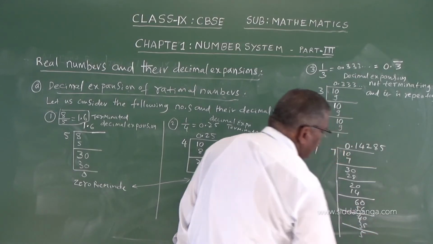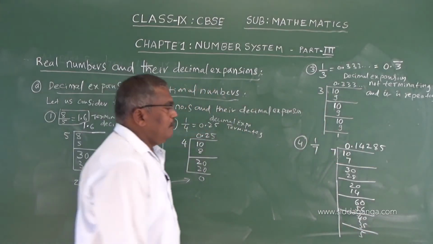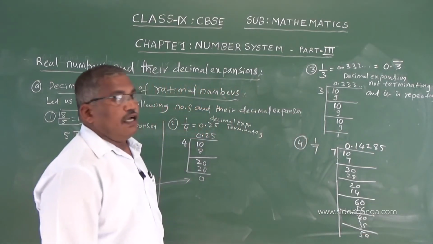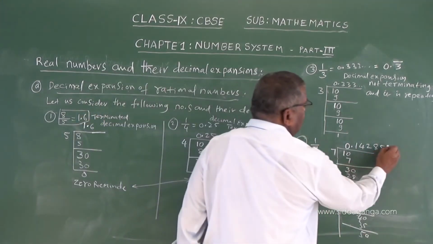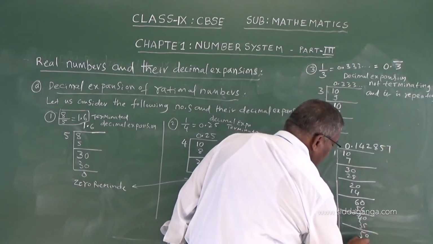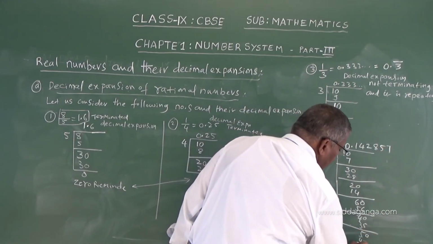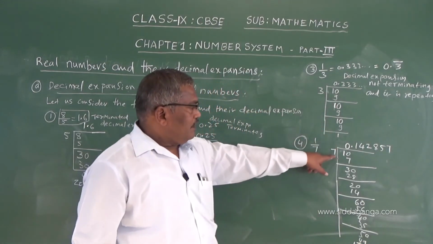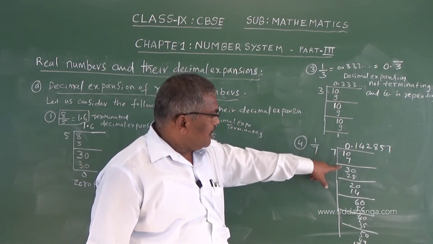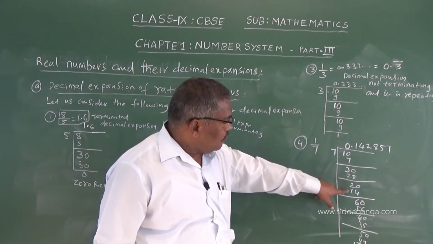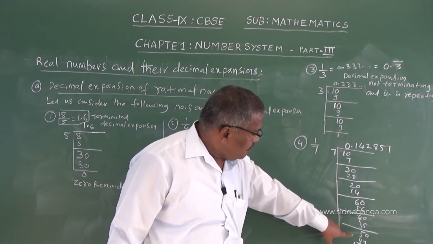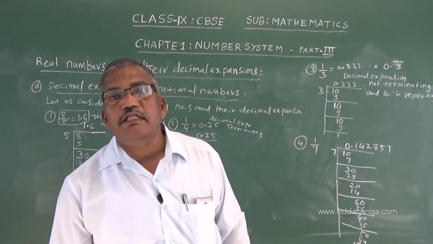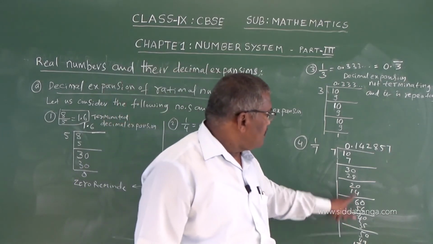5 is the remainder, it becomes 50. Now 7 7s are 49. So 1 is the remainder again. You can see we started from 1, then we got 3, 2, 6, 4, 5, and again we got 1. 50 minus 49 is 1. 1 means 10.